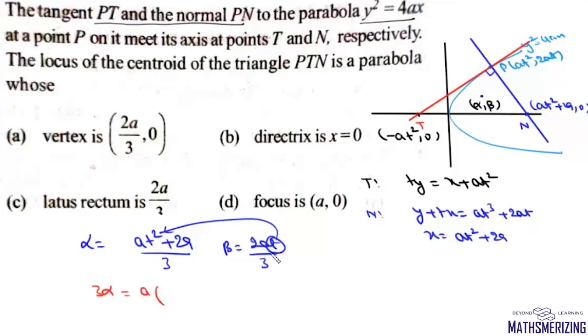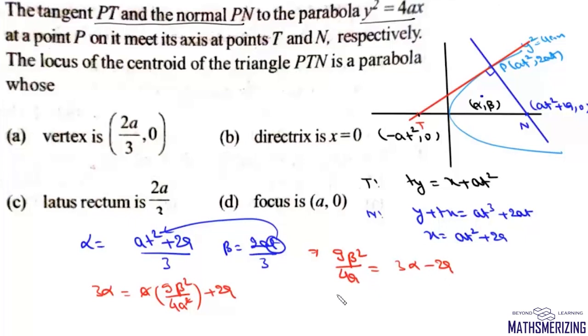Now in place of t we can write 3 beta upon 2a. So there will be 9 beta square upon 4a square into a, plus 2a. Now here a and a will cancel. So we can write this equation as 9 beta square upon 4a, and this is equal to 3 alpha minus 2a.